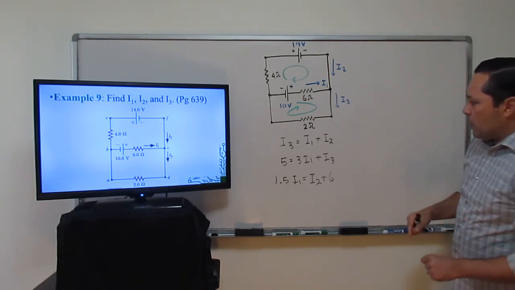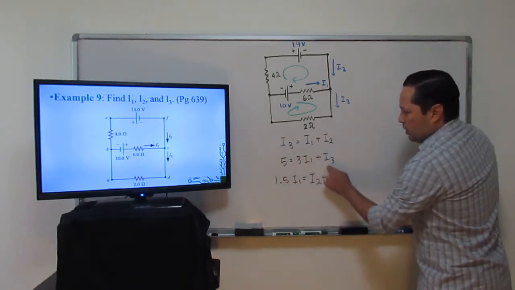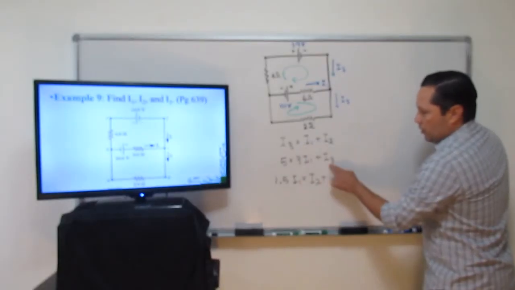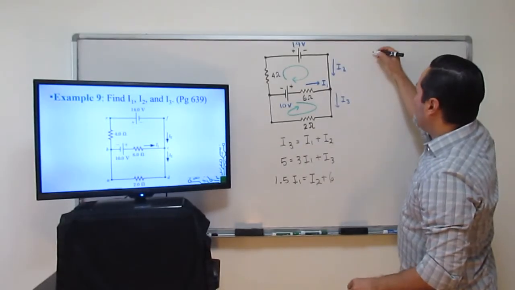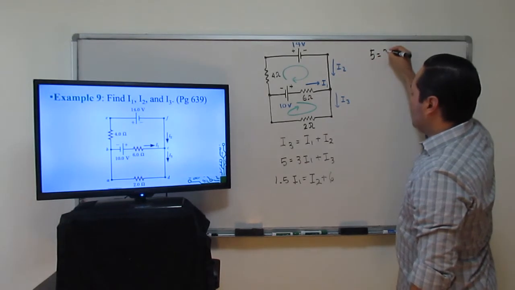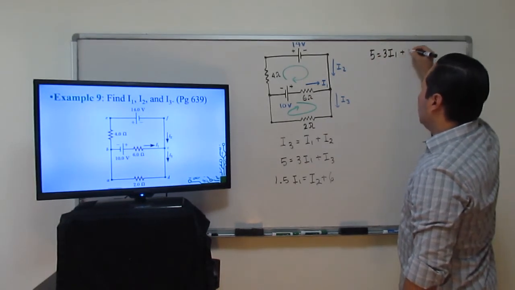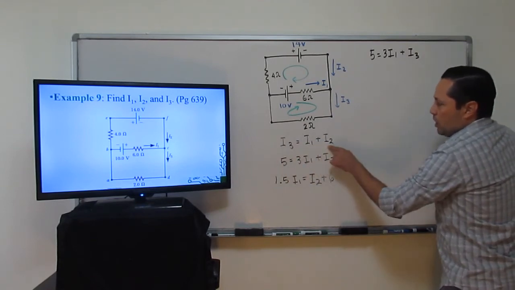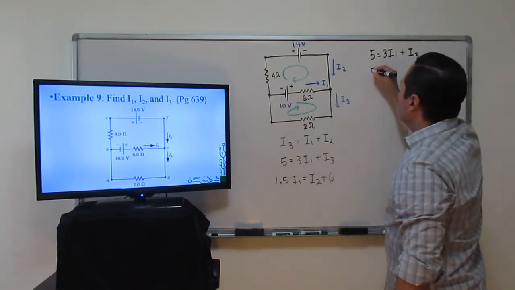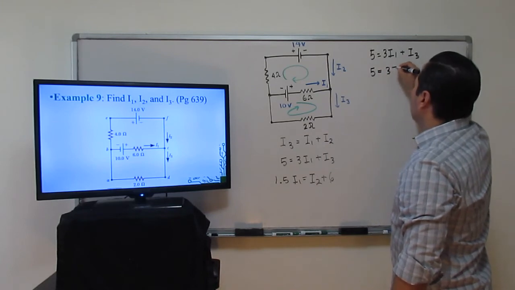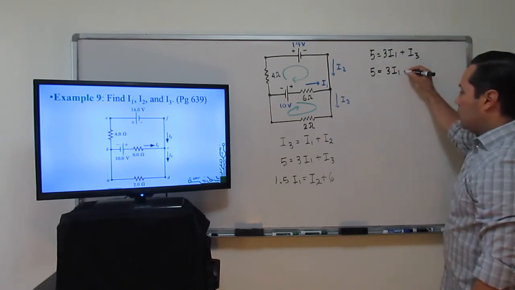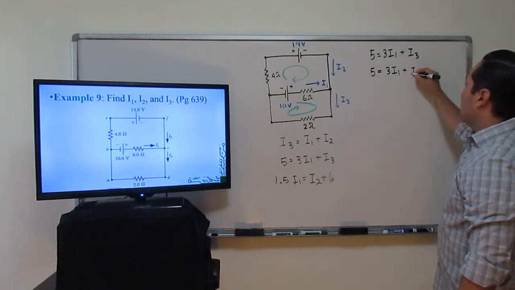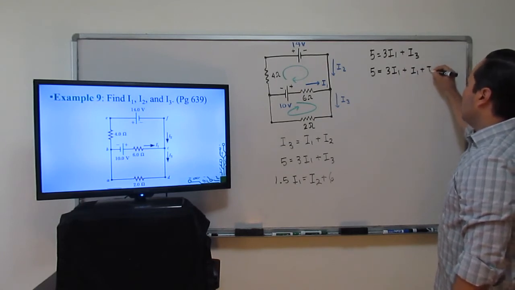Now, let's begin with a quick substitution. For I3 here, we're going to substitute these two values. So we start out with 5 equals 3I1 plus I3. Now, I3 is equal to I1 plus I2, so we substitute it here. It looks like this: I1 plus I1 plus I2.